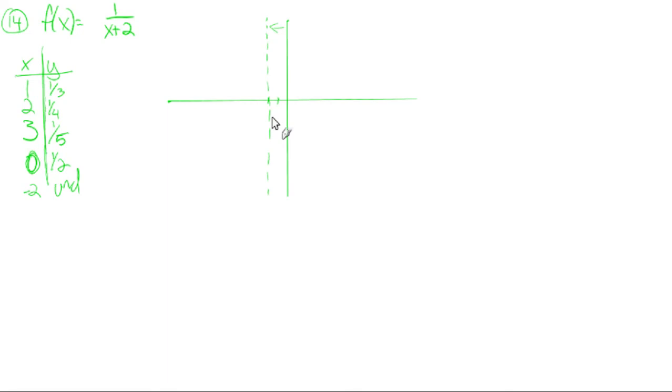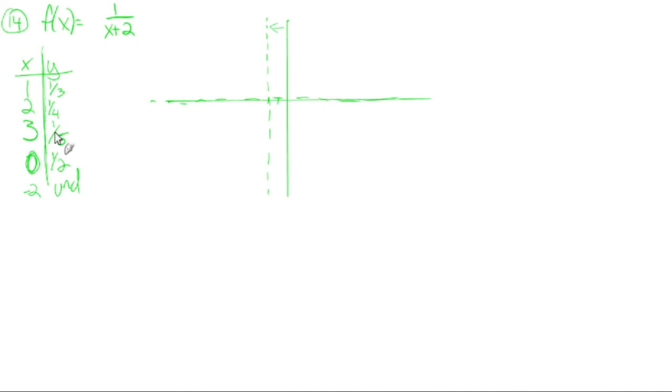Okay. And it looks like we're not adding or subtracting anything on afterward over here. So there's not going to be any vertical shift. So we're still going to have a horizontal asymptote here at 0, right? No matter how big we put a number in for x, all that's going to happen is we're going to get closer and closer and closer to 0 without ever actually getting to 0.